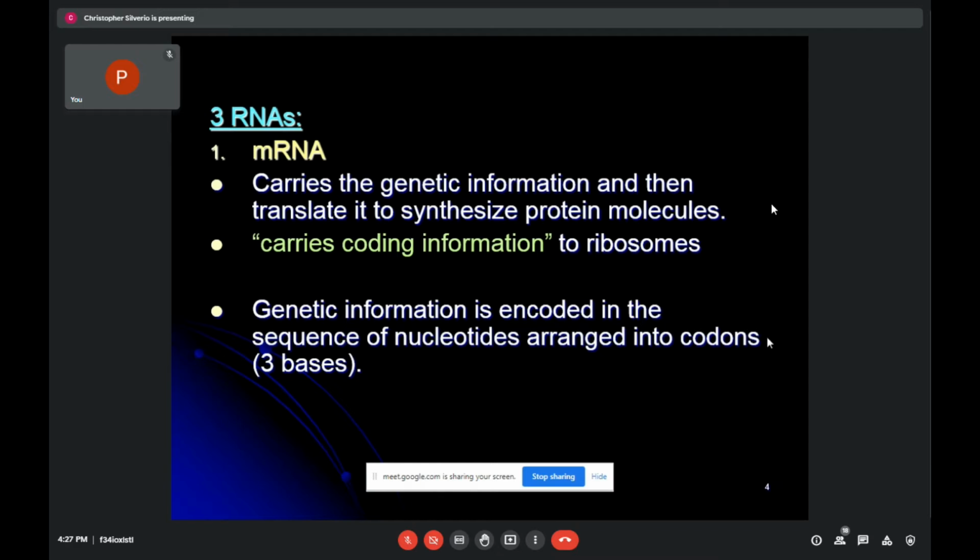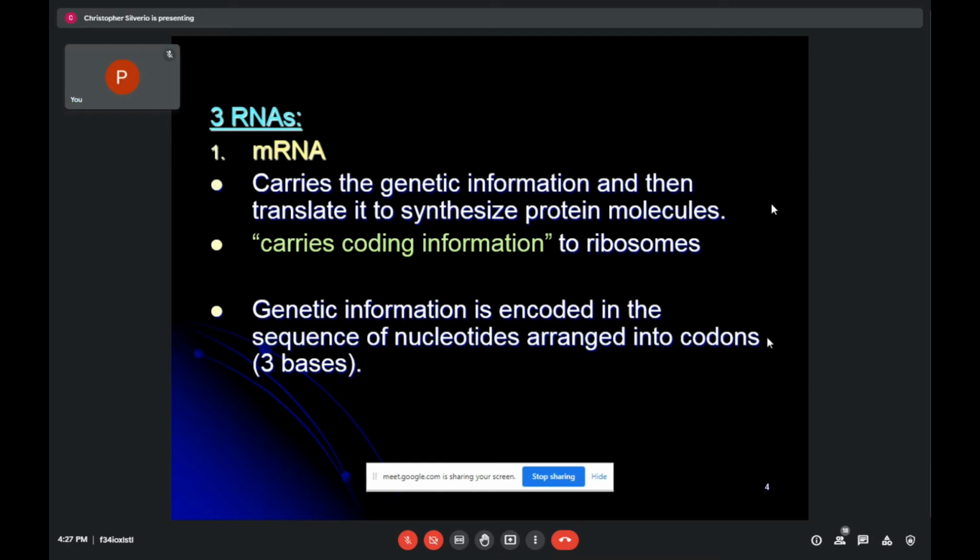The answer is because it is an mRNA. You could not see thymine in the codon because it is an mRNA.